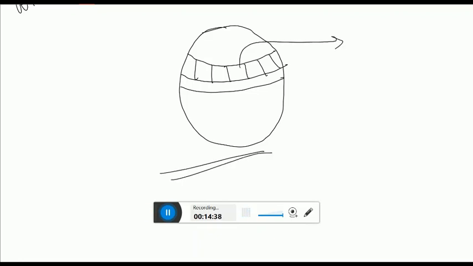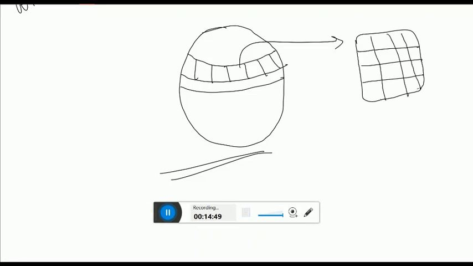Now I am taking a longitudinal section of this epiblast. There are two ends. One is the caudal end. This is the cephalic end. This cephalic end will develop into the head.